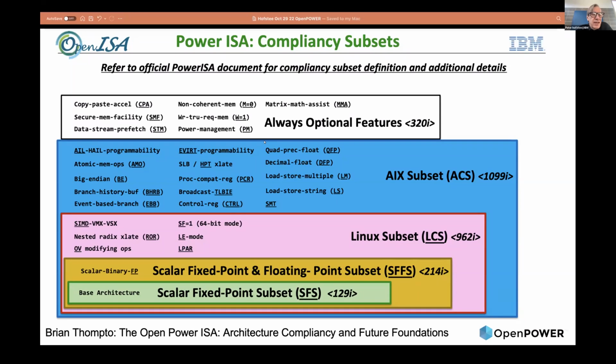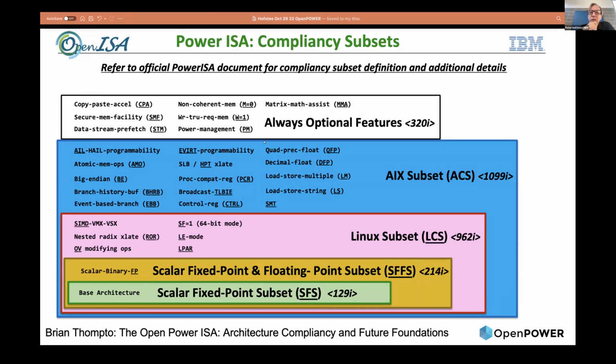And then there are some things that have to do with hypervisor functionality and address translation. So there is a radix translation supported by Linux, and the LPAR is the logical partitions that we use on the Power architecture.